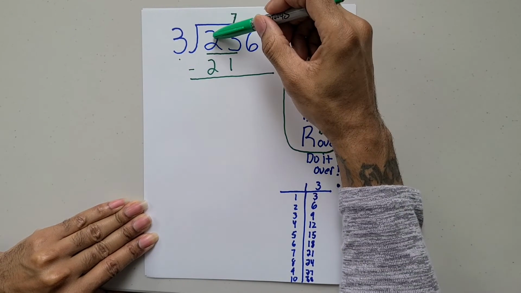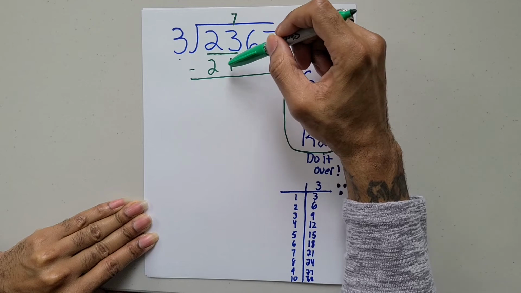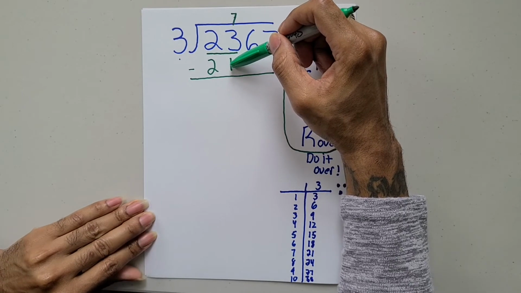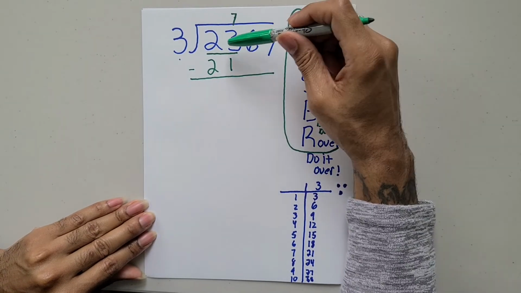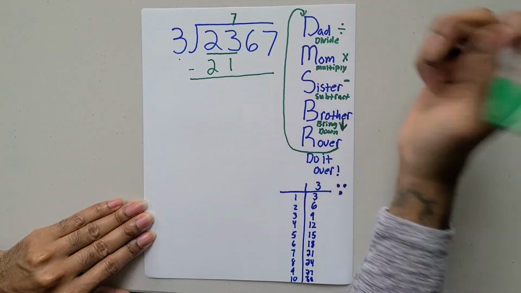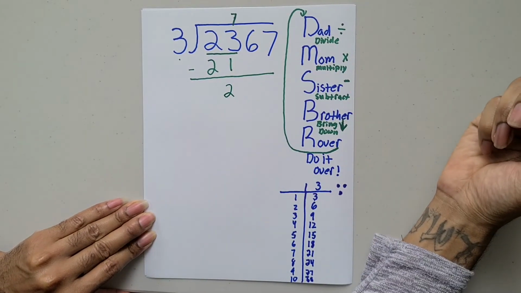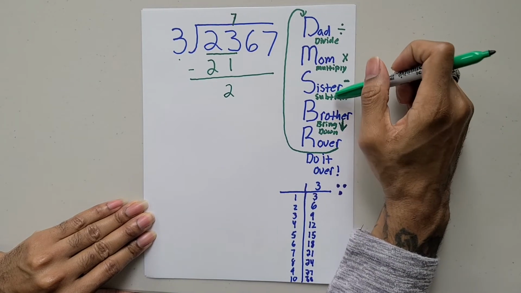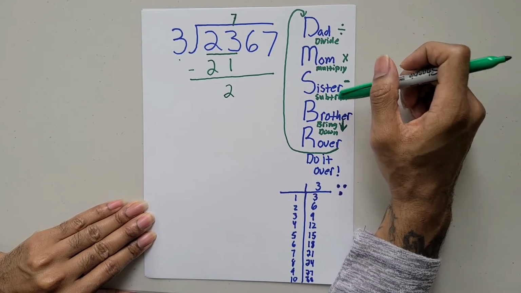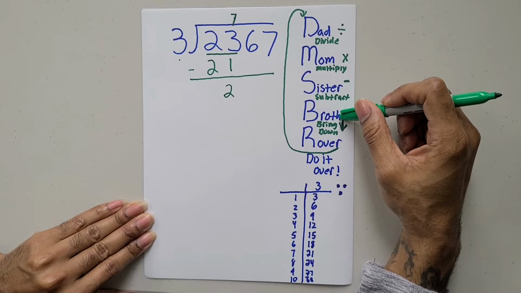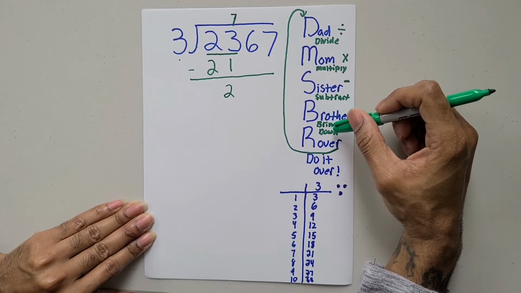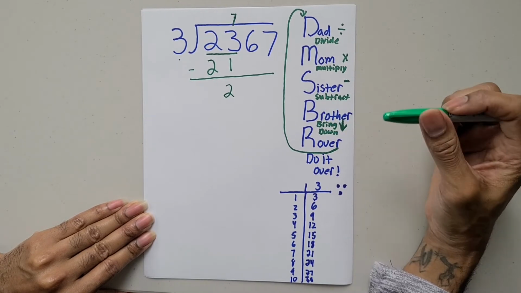So I have 23 minus 21. That will come out to be what? What's 3 minus 1? 2. Now we subtracted. Now we need to talk to our brother. And brother is going to help us to bring the number down. Now this is what I was talking about.